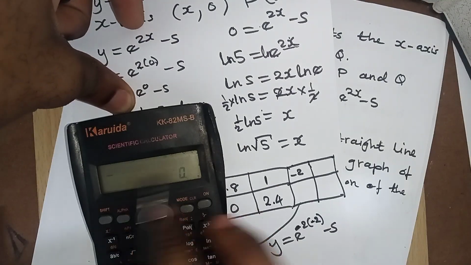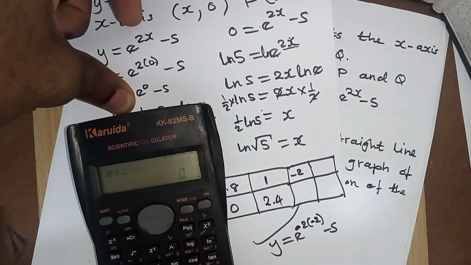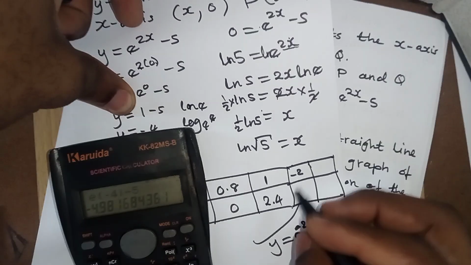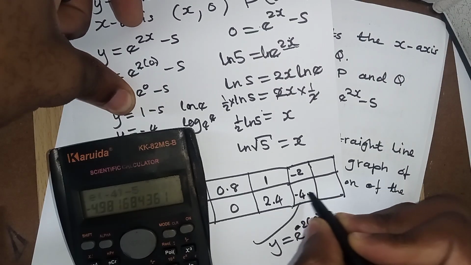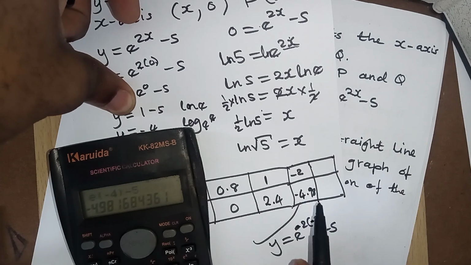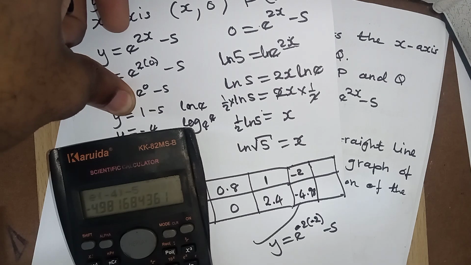So this is like -4. So we have e raised to the power -4 minus 5. So this will give us -4.98. So this is close enough to 5, but not really a 5.